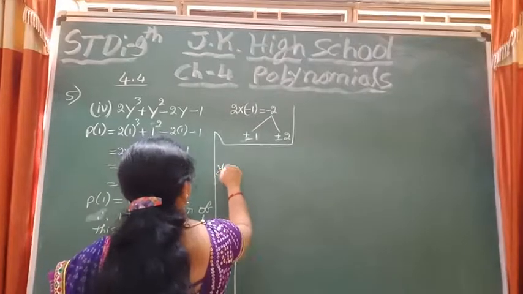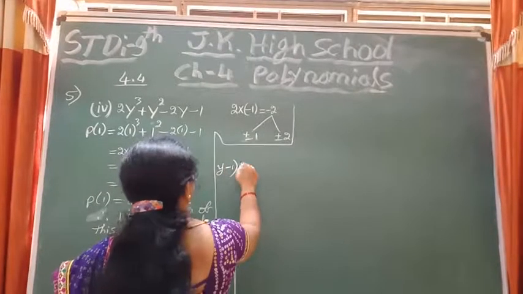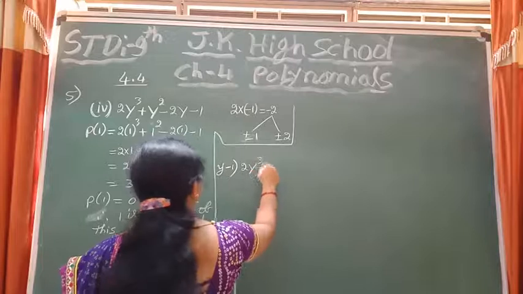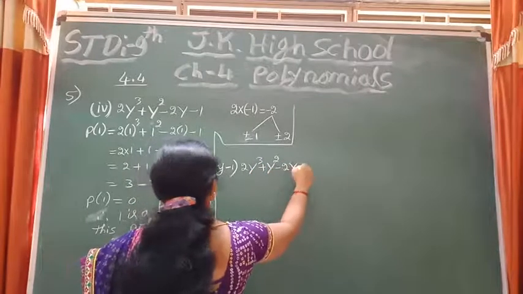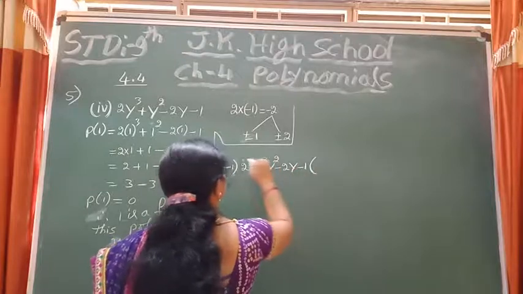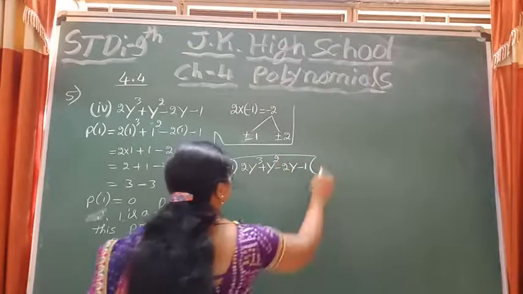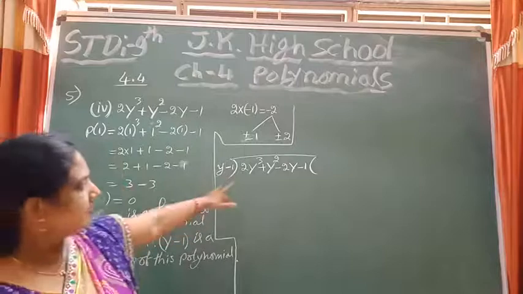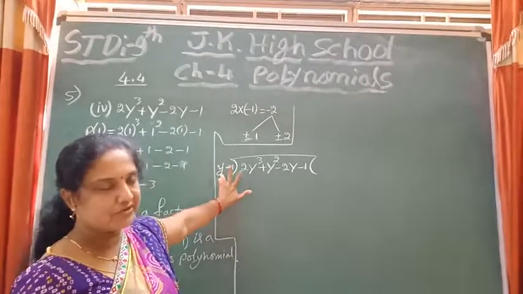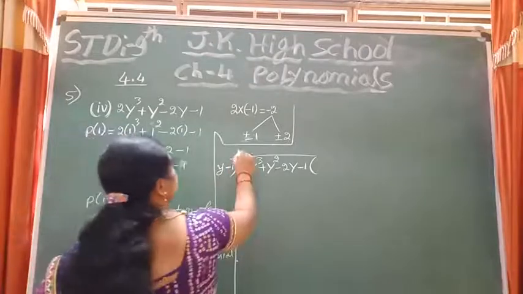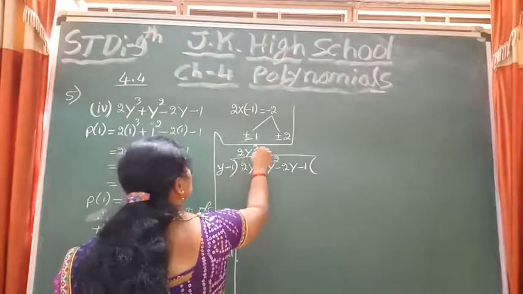So if I divide 2y cube plus y square minus 2y minus 1 by y minus 1: 2y cube divided by y, the 1y will get cancelled, so the quotient I am going to get is 2y square.